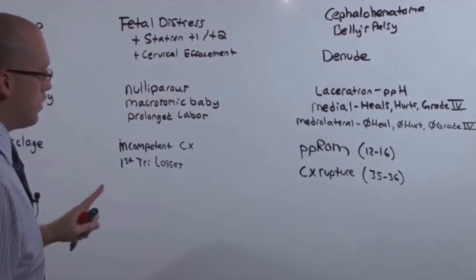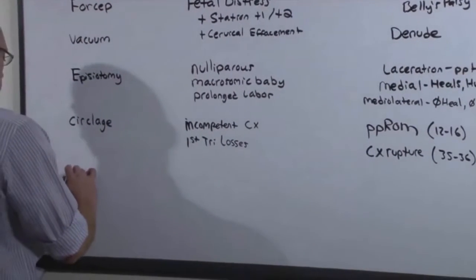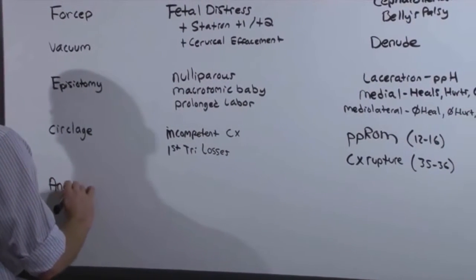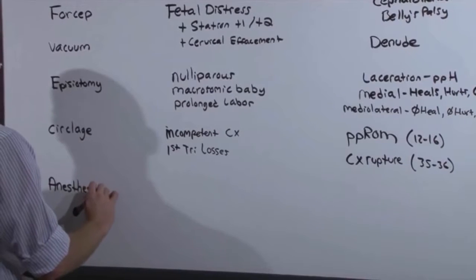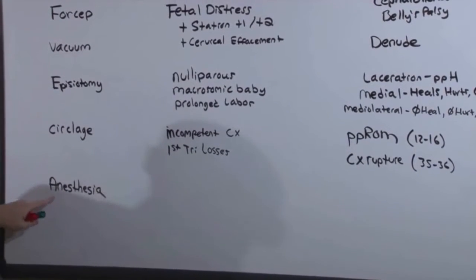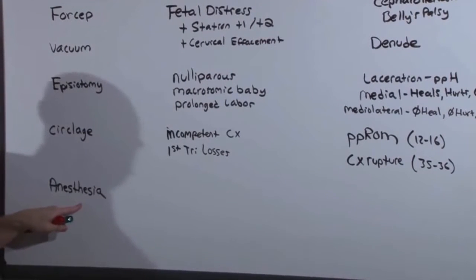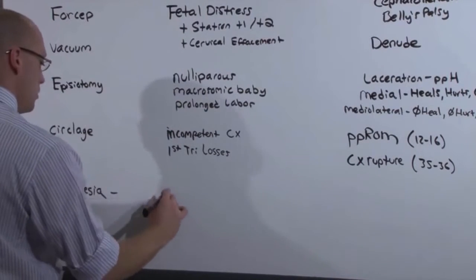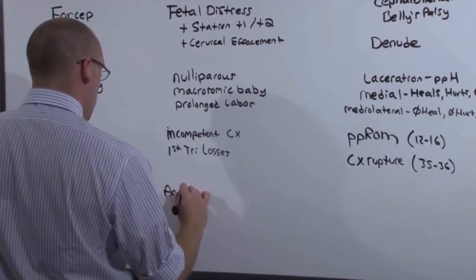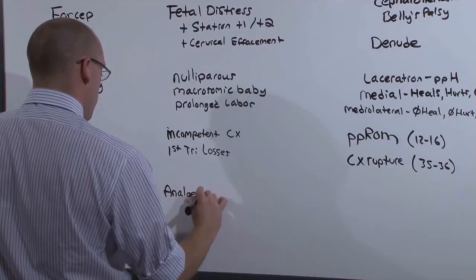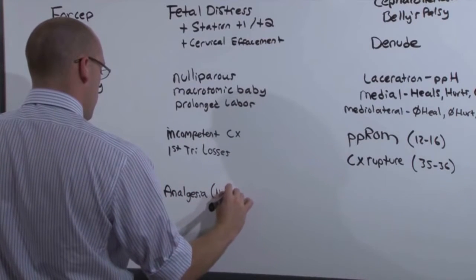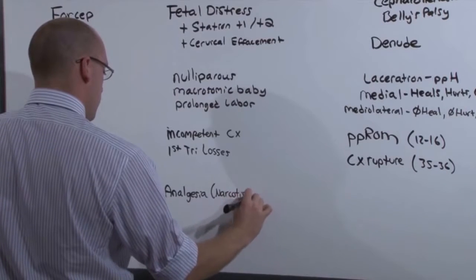And then finally, during delivery, you're going to want to make sure you apply decent anesthesia. And there's a lot of options for anesthesia. The two you're going to see the most are analgesia, that is narcotics, and the epidural.